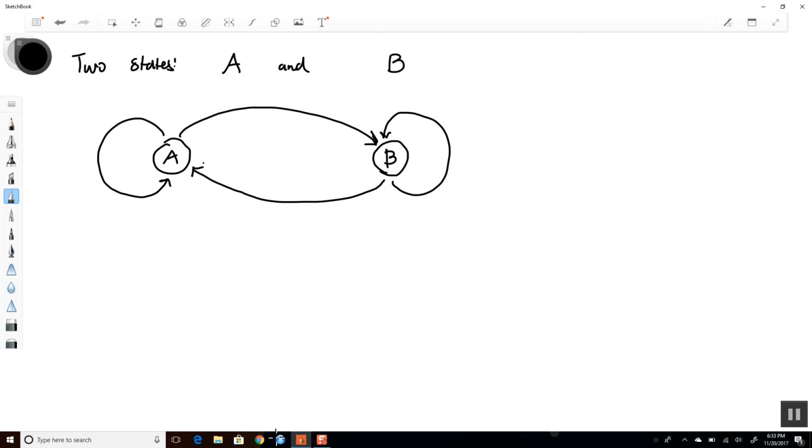Okay, and let's say if you're at A, there's a 30% chance of going to B, which means there's a 70% chance you remain in A. And if you're at B, there's a 40% chance of going to A, meaning there's a 60% chance you remain in B. Okay, so our transition matrix would look something like this.